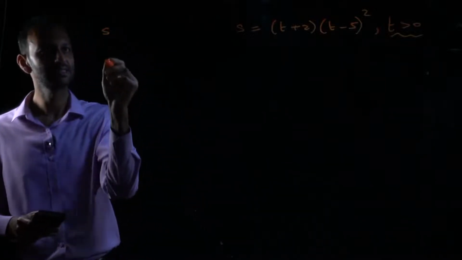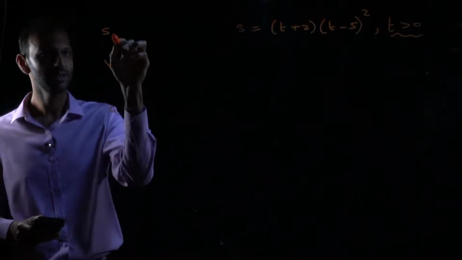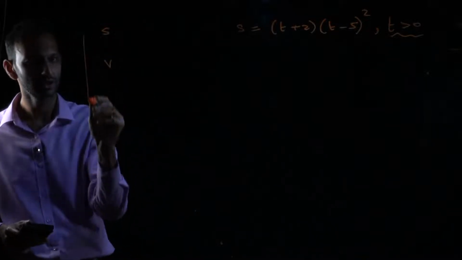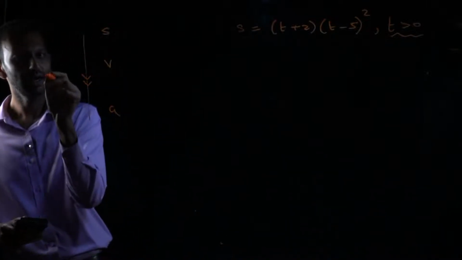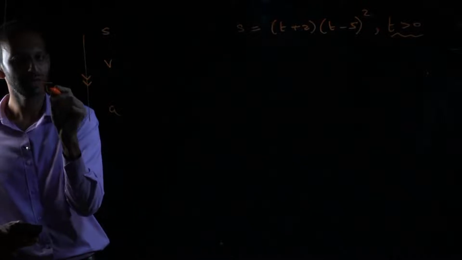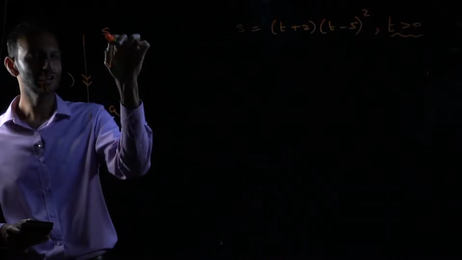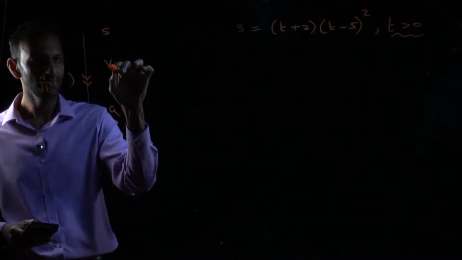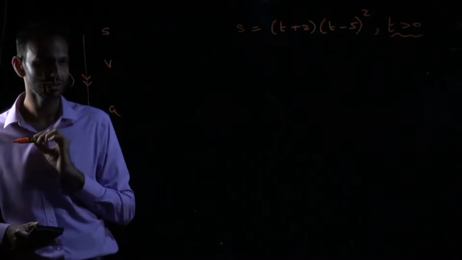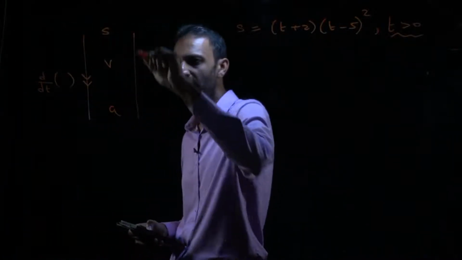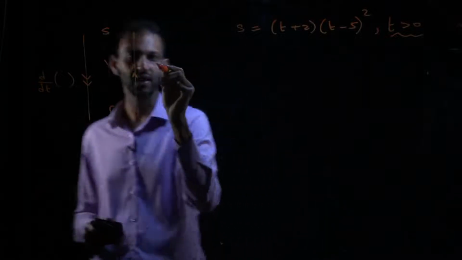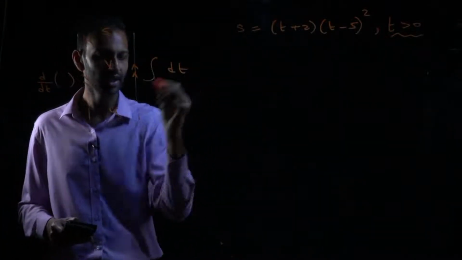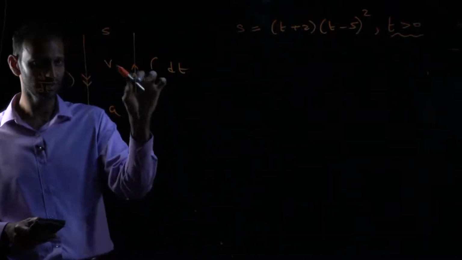Recap, you have s, v, a. Displacement, velocity, acceleration. When I go down, I differentiate with respect to t. So if I differentiate displacement, I get velocity. If I differentiate velocity, I get acceleration. When I move up, if I integrate with respect to time, if I integrate acceleration, I get velocity.